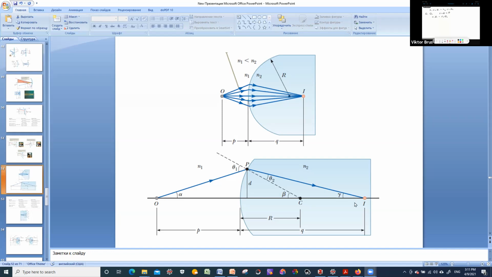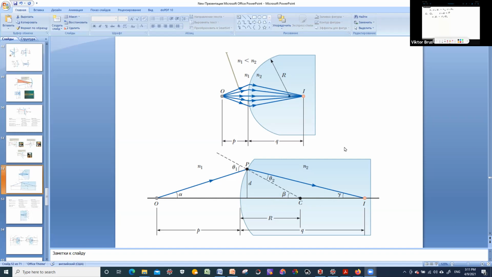Taking into account the fact that the exterior angle of any triangle equals the sum of the two opposite interior angles of this triangle, we can write the relationship between theta 1, theta 2, and these three angles, alpha, beta, and gamma.